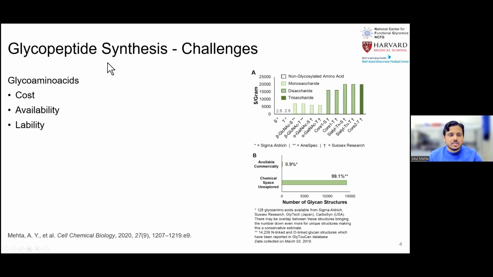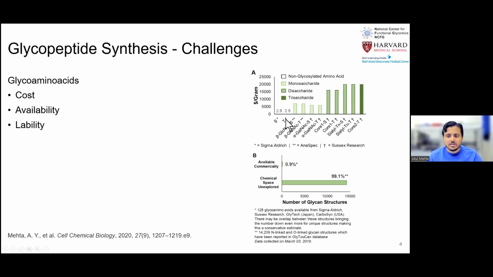There are several challenges when you're dealing with glycopeptide synthesis. The first thing is the glycoamino acids. Firstly, they are very costly. This is a survey which we conducted back in 2019 of different vendors and how much their prices were per gram in US dollars. For regular serine and threonine analogs, which are used for solid phase peptide synthesis, you could get them at $2.8 per gram.